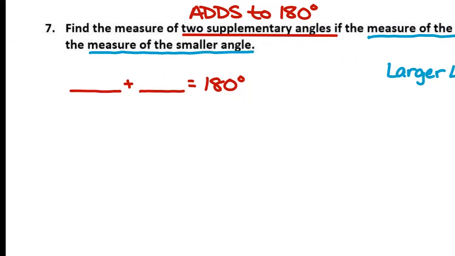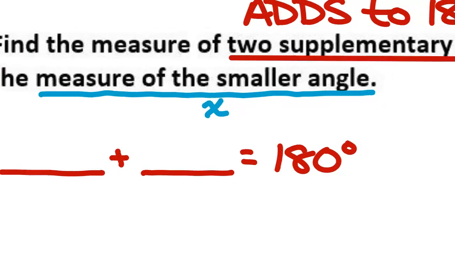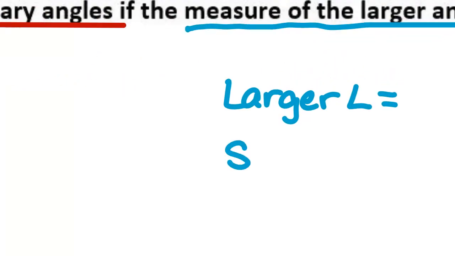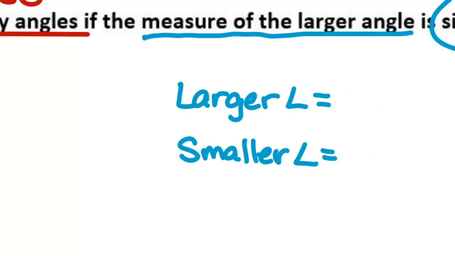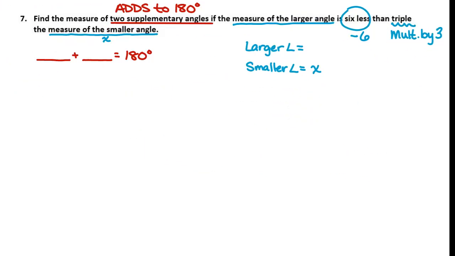Do we know how big the smaller angle is? So what should we call it? X. All right, so my smaller angle is X. The larger angle is 6 less than triple that. Okay, hold on. I've got to think about how to write this down now.